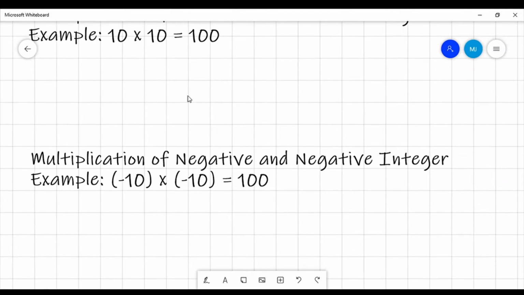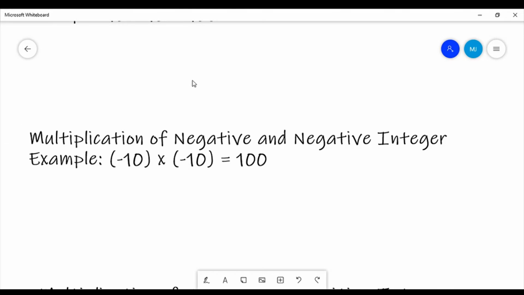Next, multiplication of negative and negative integers. So sa multiplication of negative and negative integers naman, ang kailangan lang natin tandaan is i-multiply ang dalawang number, then the answer is always positive.